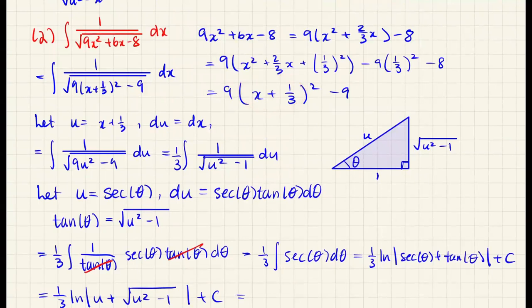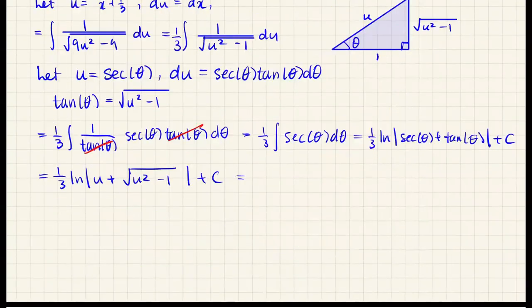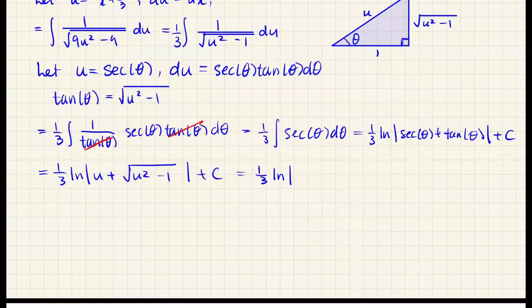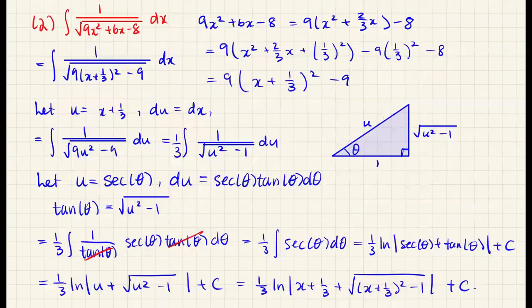So let's put that back in. We have 1/3 times the ln of x plus 1/3, plus the square root of x plus 1/3 squared minus 1, plus c. And that is the integral for the second one here.